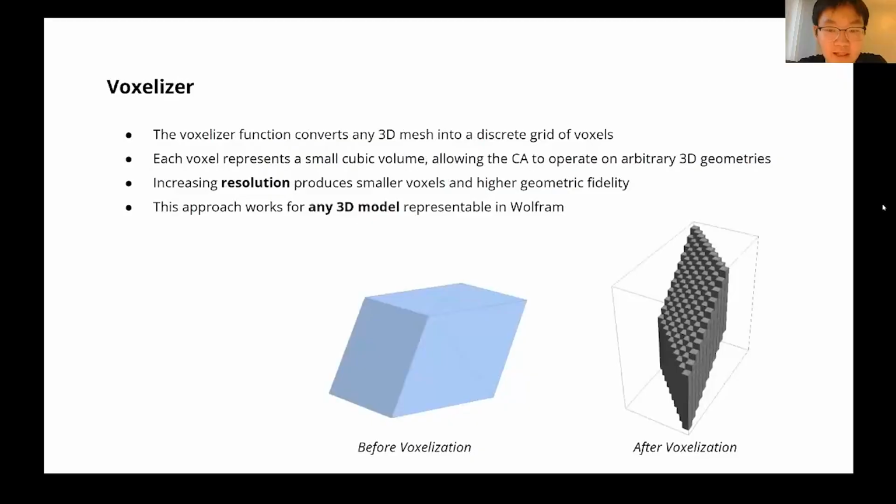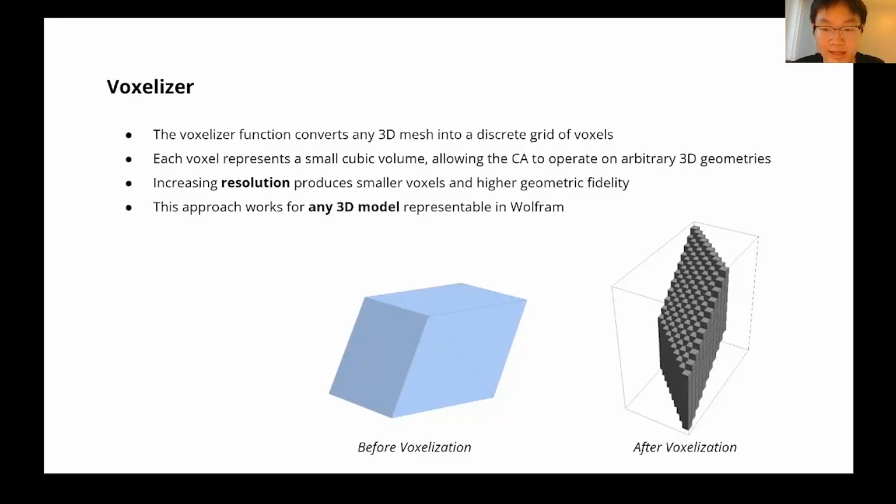So I'll talk about the voxeler function. Before running a cellular automata on a given shape, we cannot directly run the cellular automata on the 3D mesh in Wolfram language. So to do this, we first need to convert the geometry into voxels.